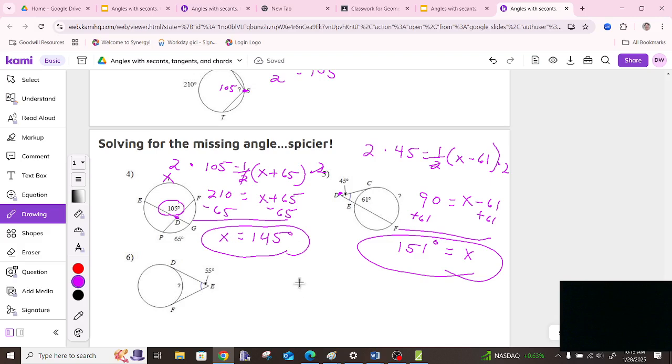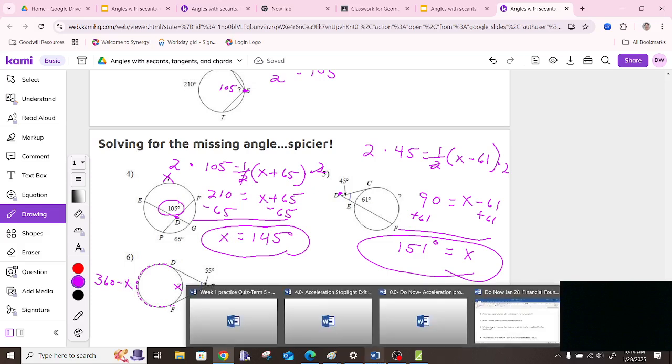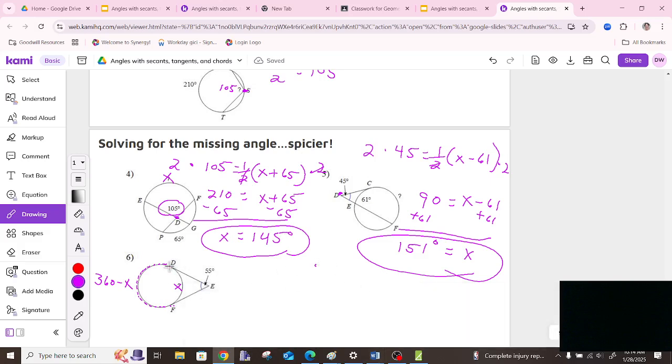Number 6 is a little trickier. I'm going to call this x. So if from here to here is x, then this outside piece is 360 minus x.